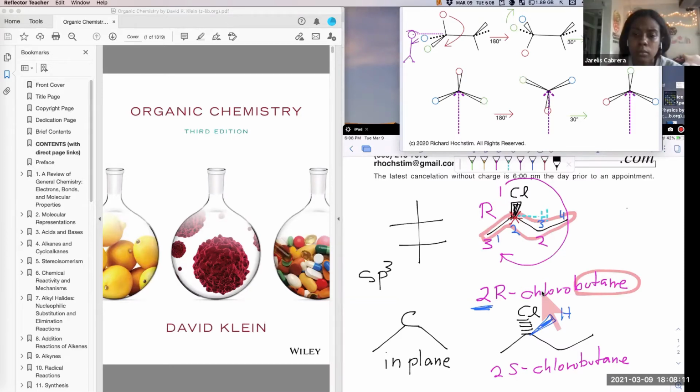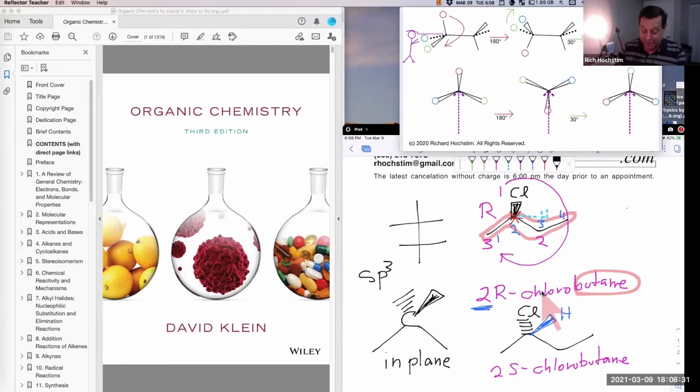If you were to touch the screen, they wouldn't be sticking out and they wouldn't be going in. They would be right there where you touched. Because it's a tetrahedron, you would have a bond coming out of the screen and another bond going into it. This is the way that carbon looks a lot of the time. Not all of the time, but when you're doing these line drawings, that's what we're going to see.